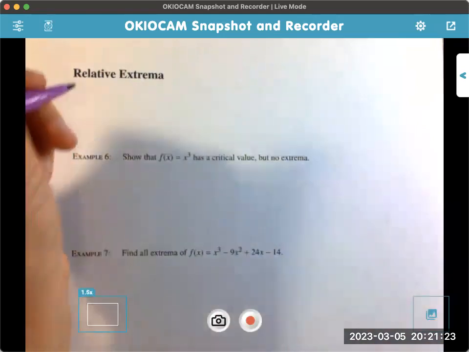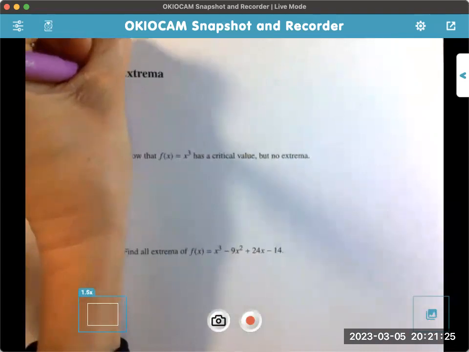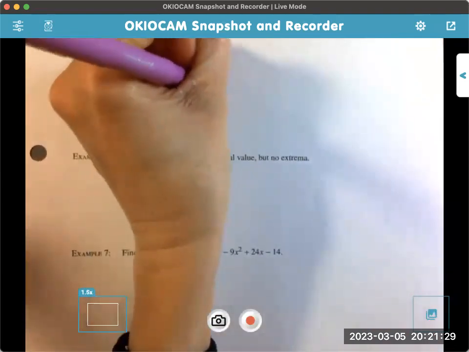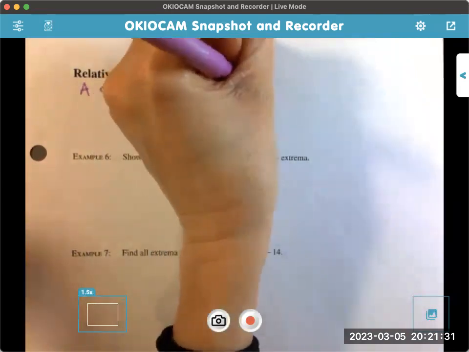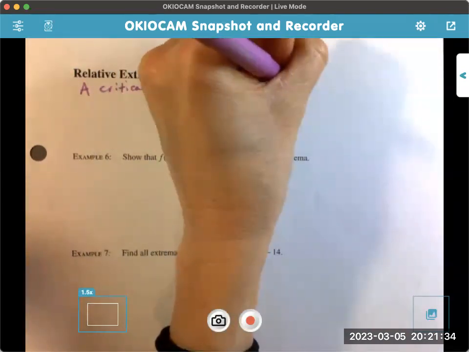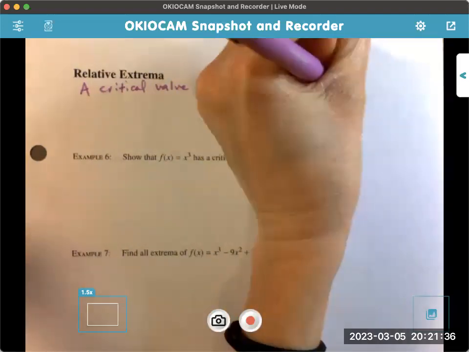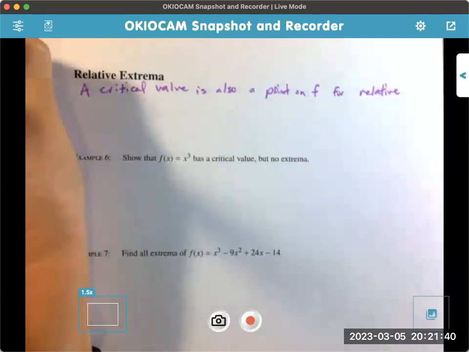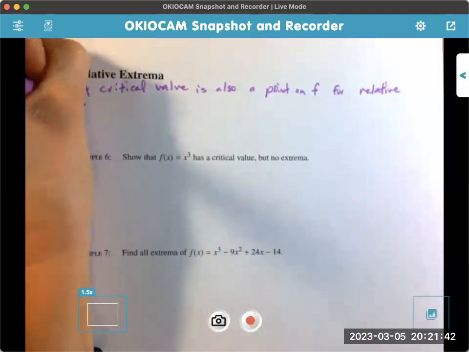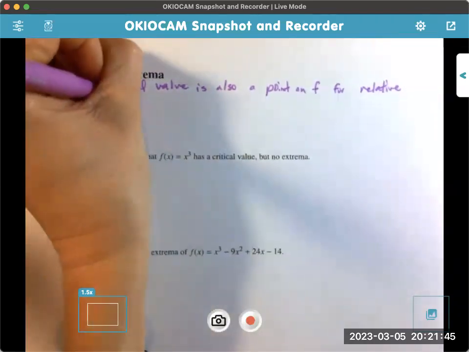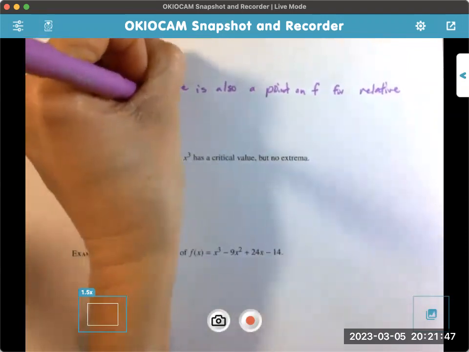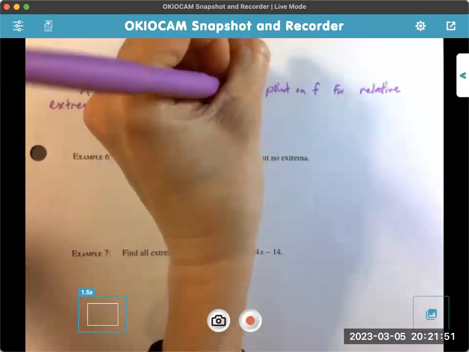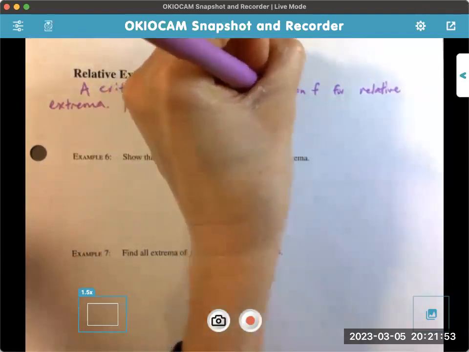A critical value is also a point on f for relative extrema. Max and mins have slope of 0.